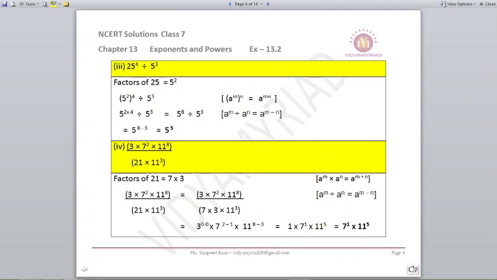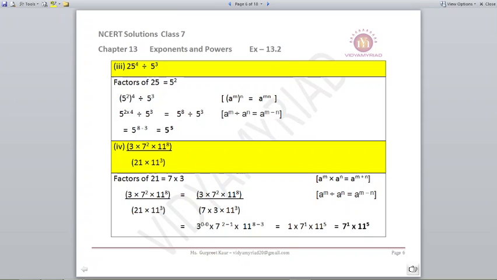Next part, 25 raised to power 4 divided by 5 raised to power 3. Now 25 can be further split 5 into 5, which is 5 square. So I will rewrite as 5 square the whole 4 divided by 5 raised to power 3. Now what is 5 raised to power 2 the whole 4? We will multiply the powers.